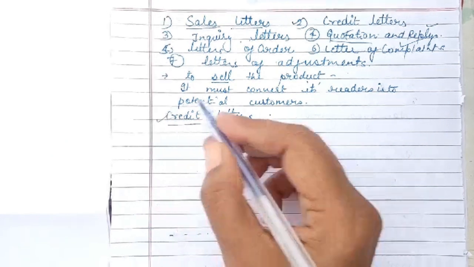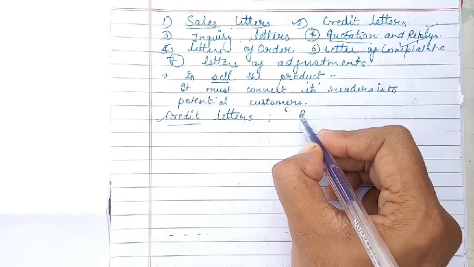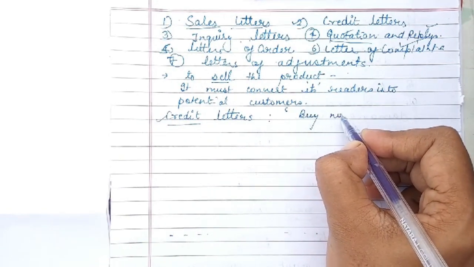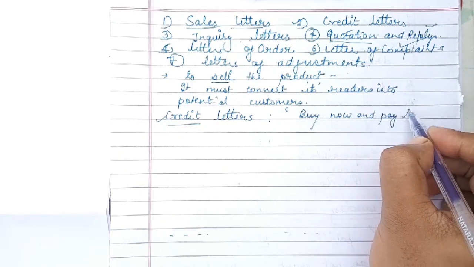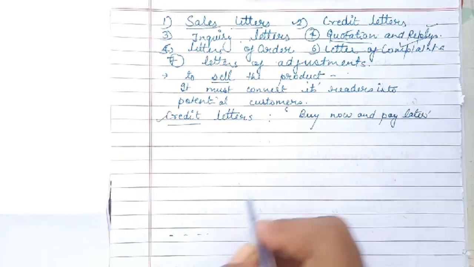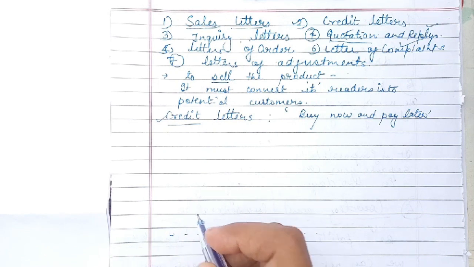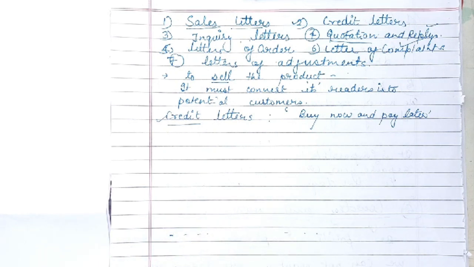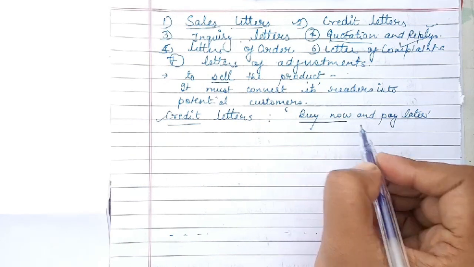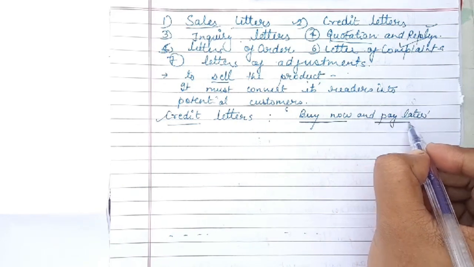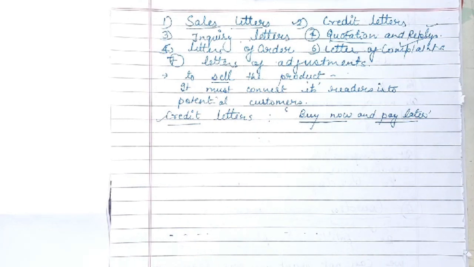The rule of a credit letter means buy now and pay later. So credit means that you pay later for what you purchase now. You are buying something today, but you are promising to pay it later. It helps a retailer to stock the goods and make payment after the sale is over.